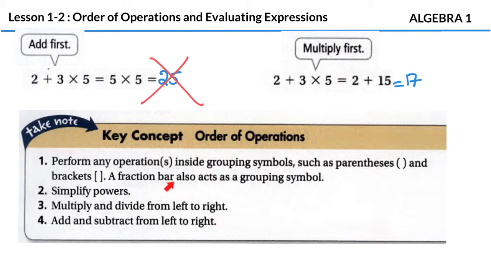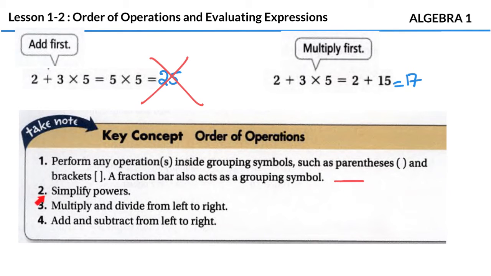A fraction bar also acts as a grouping symbol. That is the first order of operation. You will perform anything that is inside the parentheses or the group or the fraction bar.